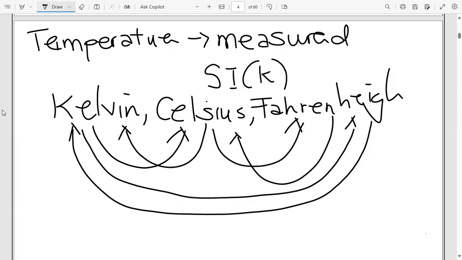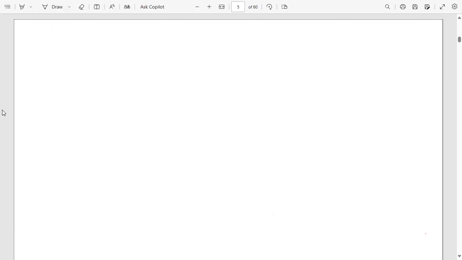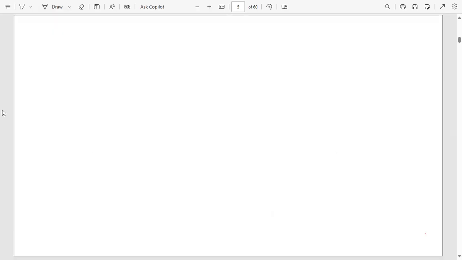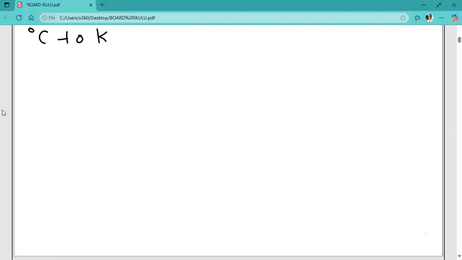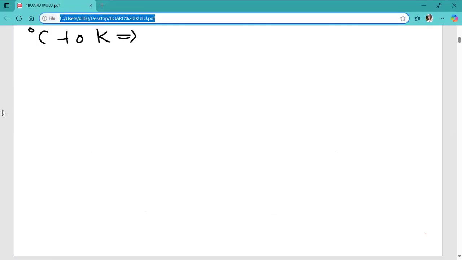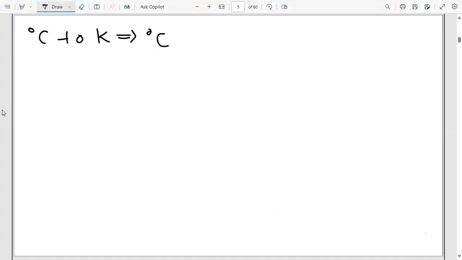For example, let's start with degree Celsius to Kelvin. I'll write all of them on a single board so that those who are taking notes can do so. To convert degree Celsius to Kelvin, you take your temperature in degrees Celsius and add a constant, 273.15, and that gives you the temperature in Kelvin.